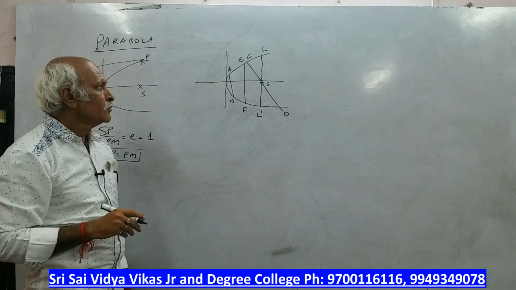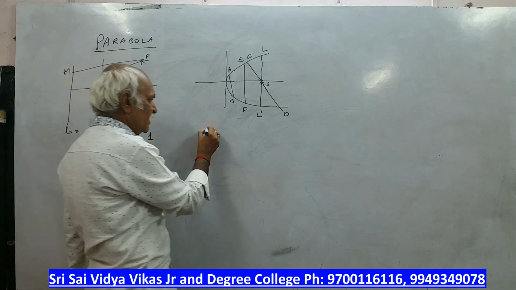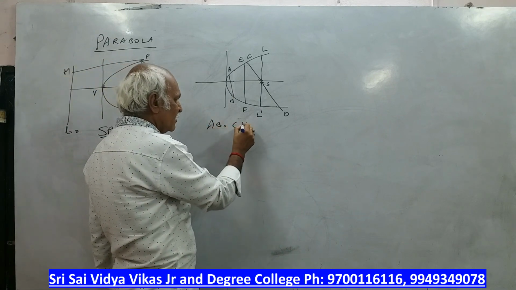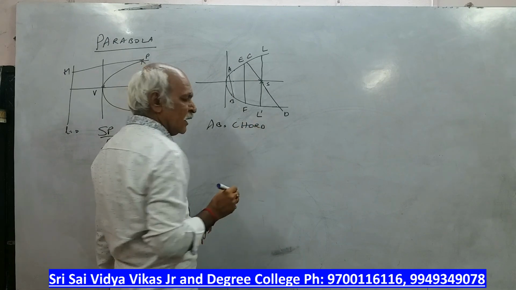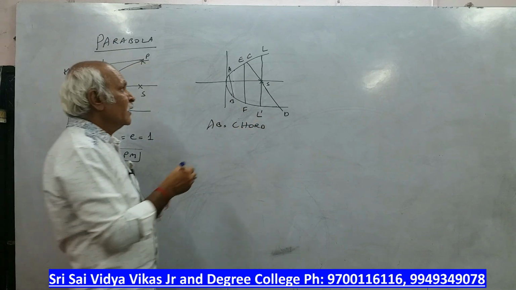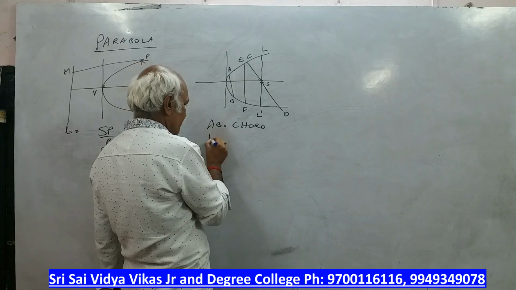Okay, I have drawn a few lines. The first line AB is called a chord.